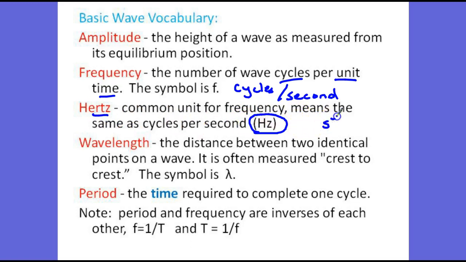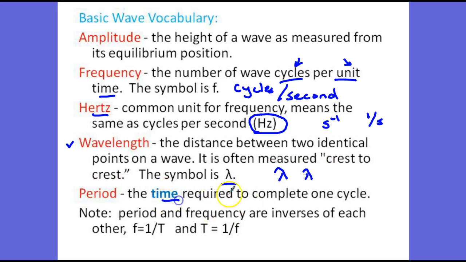Mathematically, it's actually seconds to the -1 power, or 1 over seconds. If you have to find the frequency of something and you're given how many times the wave happens in a certain amount of time, it's the number of times the wave occurs, cycles, divided by the time. Wavelength is the distance between two identical points on a wave, and the symbol is the Greek letter lambda. It's made like that, kind of like an upside-down Y.